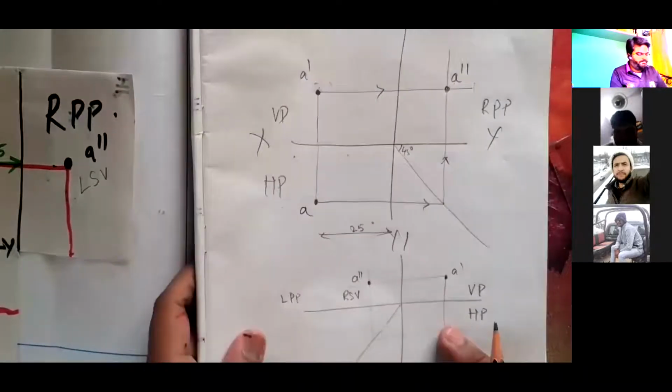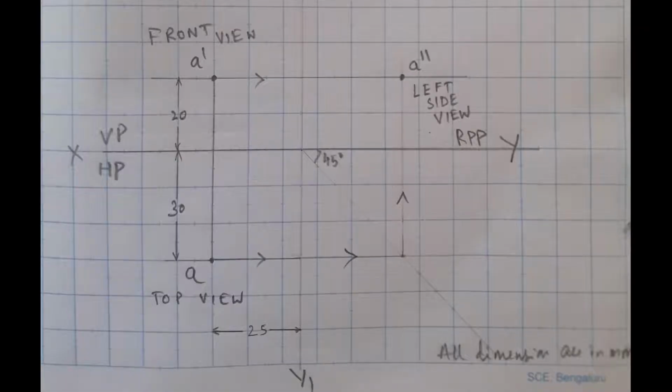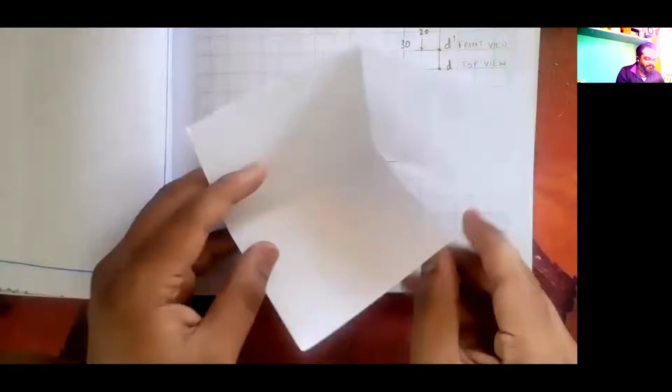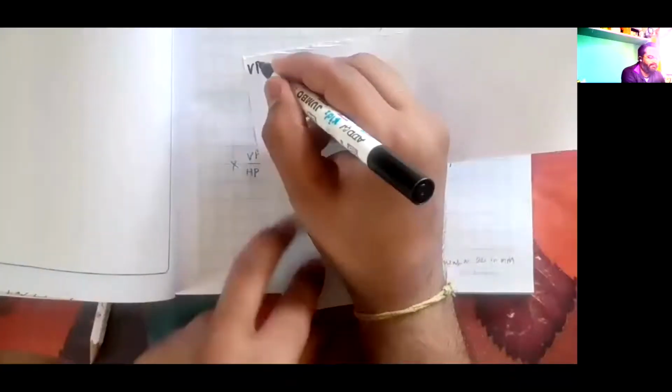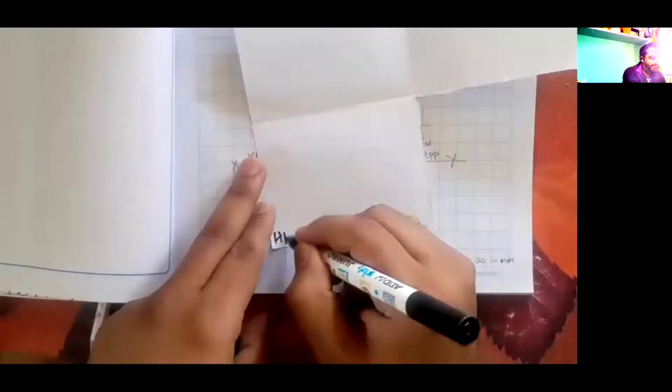We'll repeat again. Here are VP and HP and RPP.